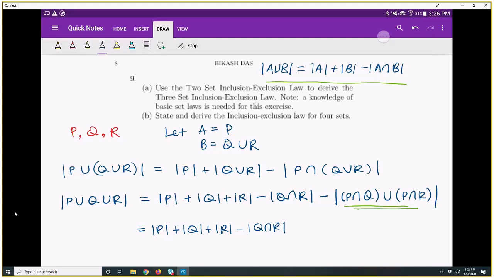So I'm thinking of P intersection Q as being like my A and P intersection R as being like my B. Then that's going to be, I'm going to start a parenthesis. It's going to be the cardinality of P intersection Q plus the cardinality of P intersection R minus the cardinality of P intersected with Q intersected with P intersected with R.